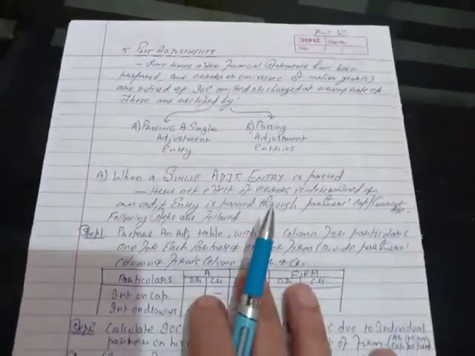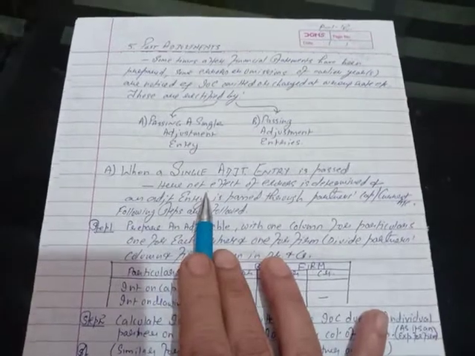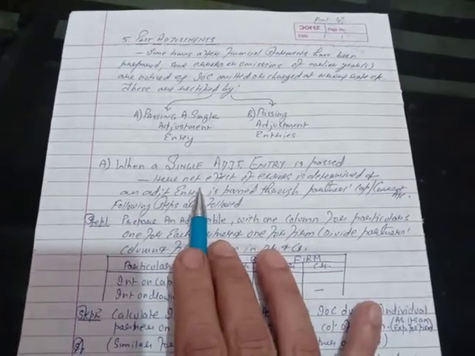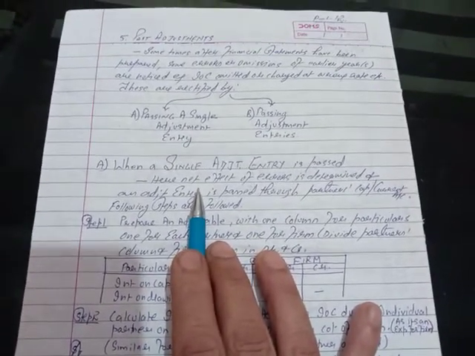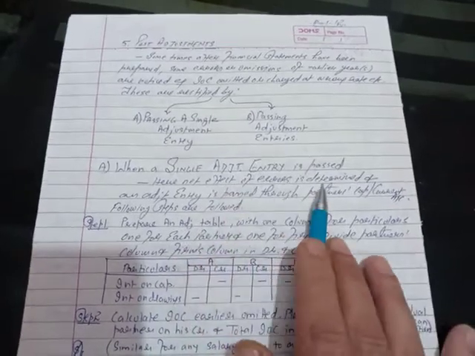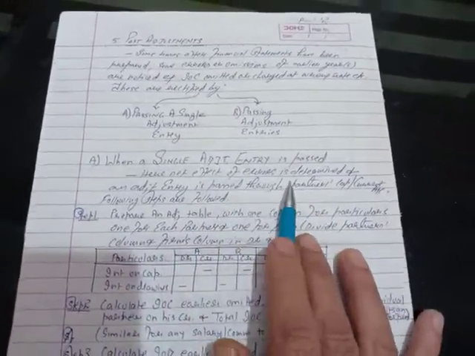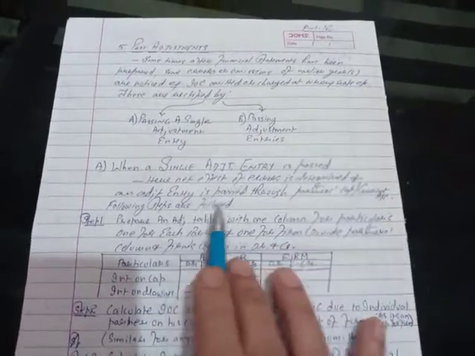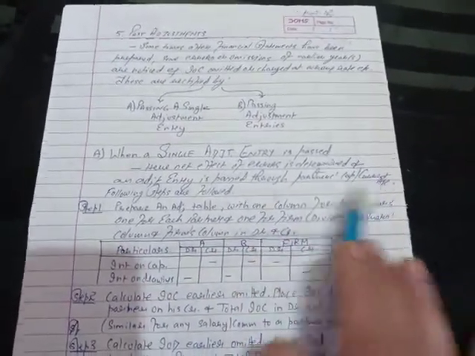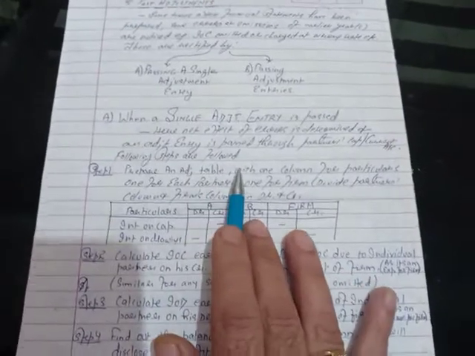Our topic for concern today is how to correct the above omissions or discrepancies by passing a single adjustment entry. When a single adjustment entry is passed, the net effect of errors is determined and an adjustment entry is passed through partner's capital or current account. So the following steps are followed.